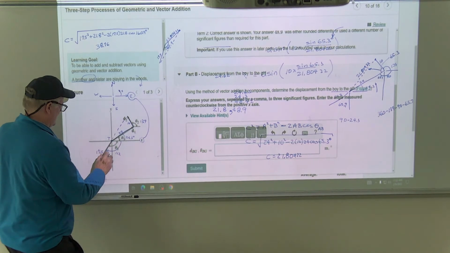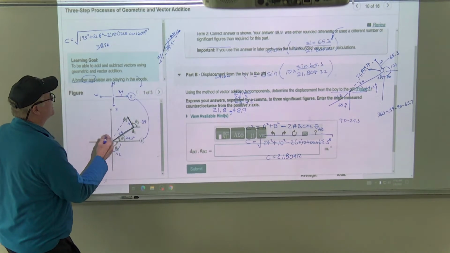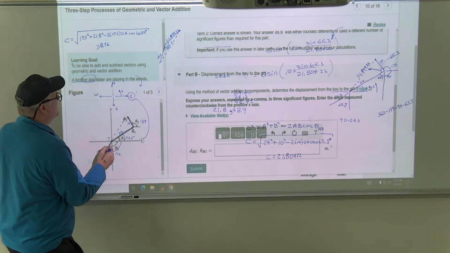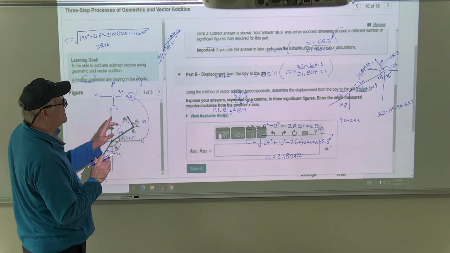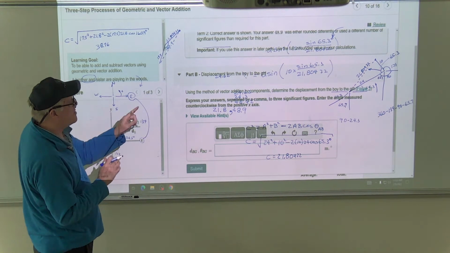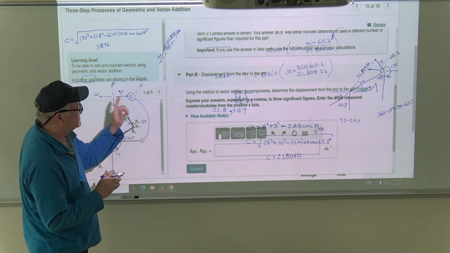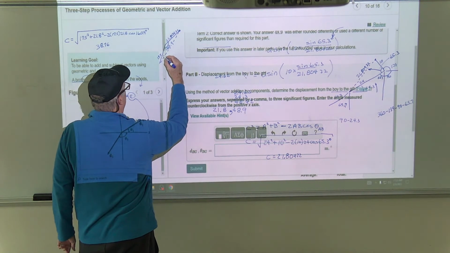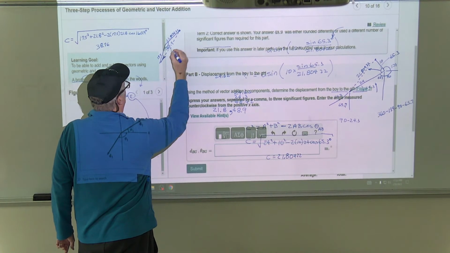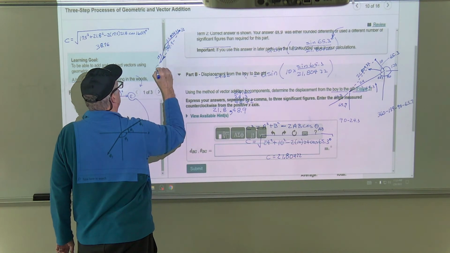Now, know this is 112, so here's the problem. I gotta find, okay, so here's the problem. Okay, so he wants to know the displacement from the boy to the girl. So that means this vector goes this way. From the boy, so here's the boy and here's the girl.